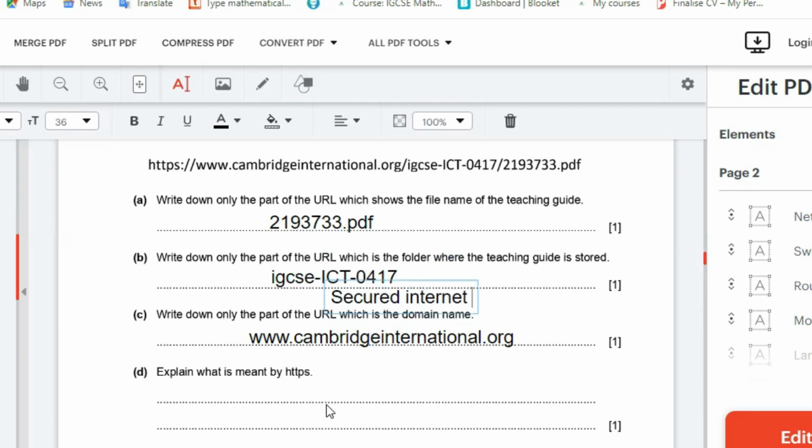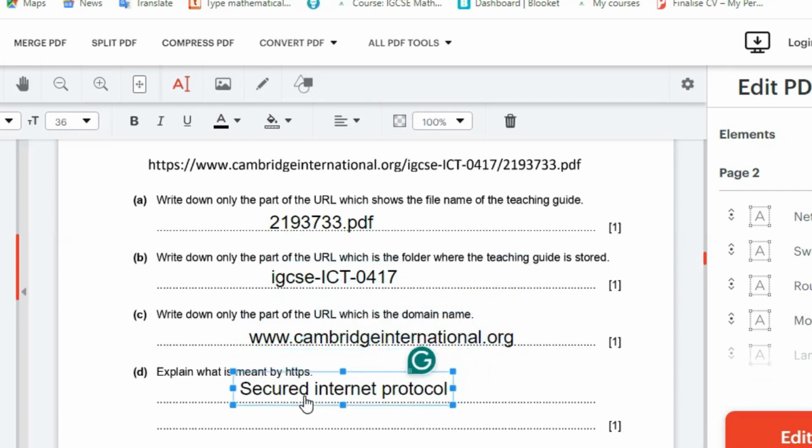You see, when you are browsing, at times you see some HTTP without the S at the end. That means those ones are not secured. So you should look out for the S, and that makes them secured. Do we understand? All right.